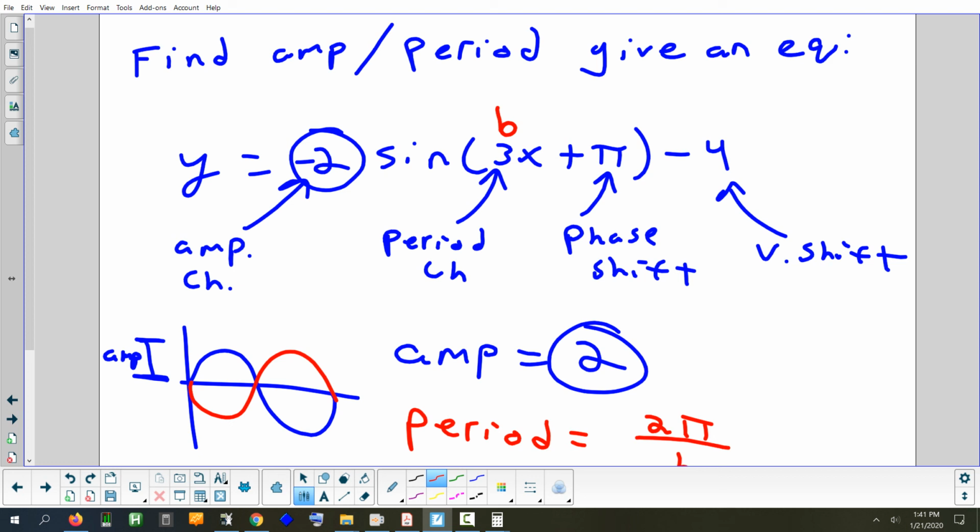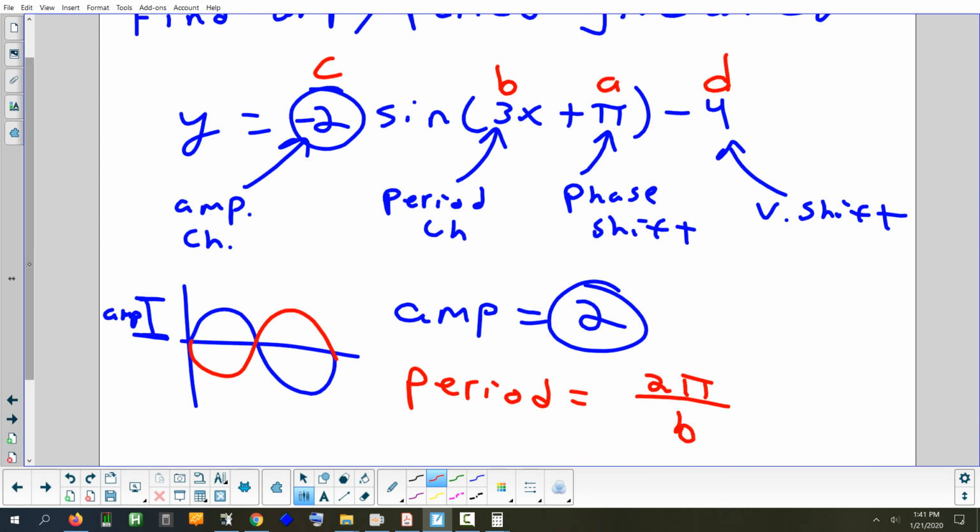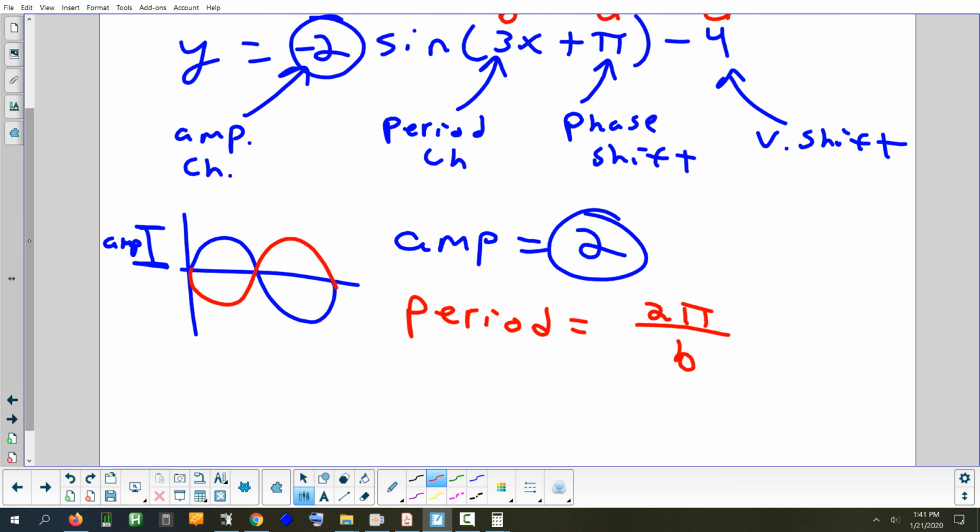I called this one A, that one B, that one C, and that one D. So, to find the period, in this problem, it would be 2 pi divided by 3. And that's the period, or we also call that the cycle length of the function. Cycle length is the amount of time it takes for the function to go up, down, and then back to where it started.